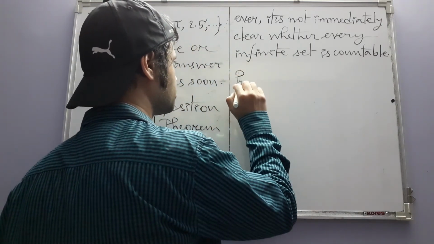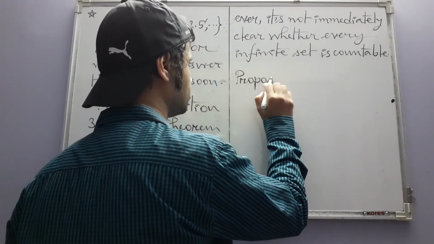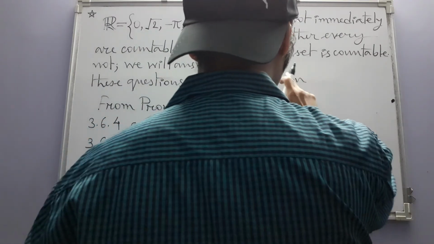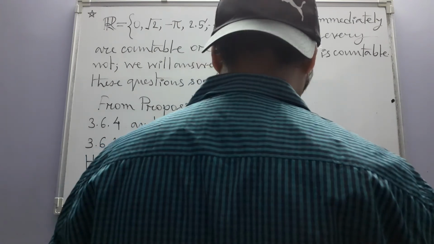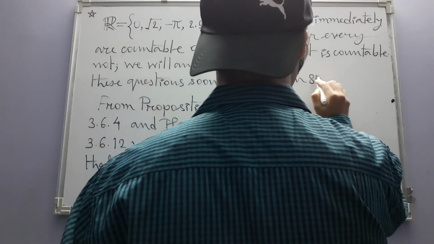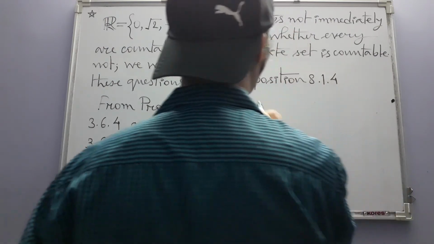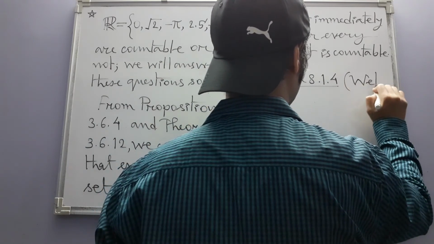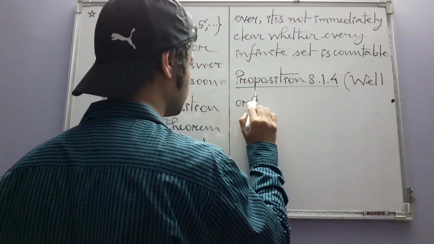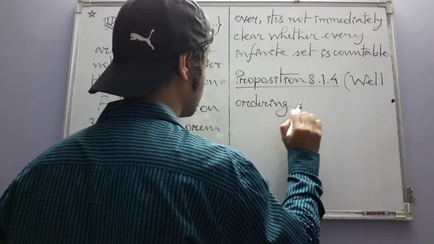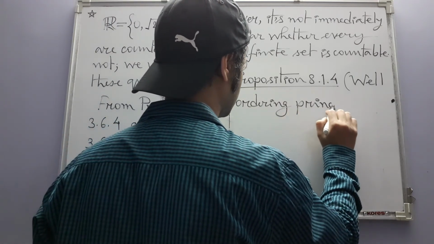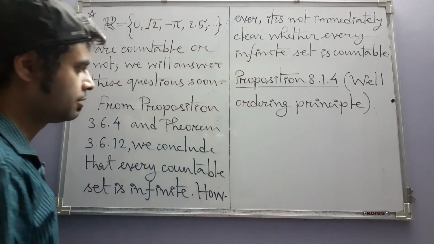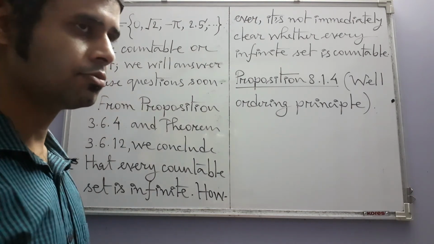So we are just going to see the statement; the proof will be done in one of the exercises. It's a property of the infinite set of natural numbers which is very important.